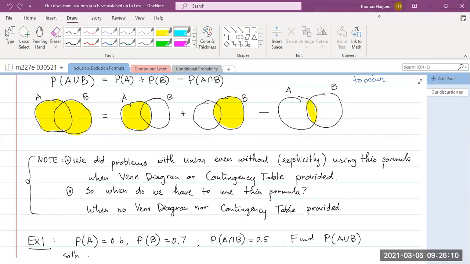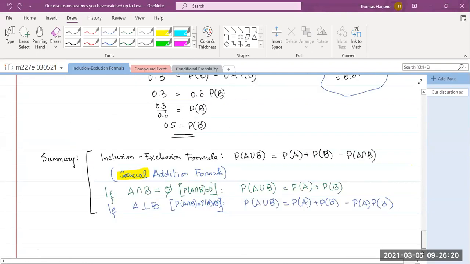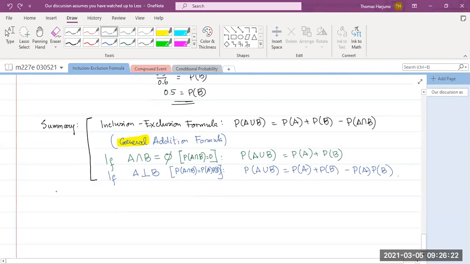Now, does disjoint imply dependent? Does disjoint mean dependent?